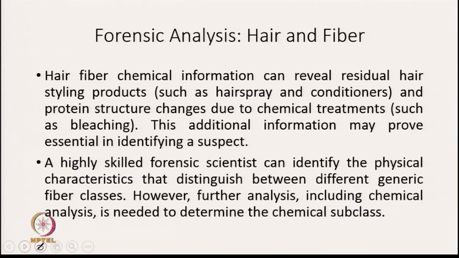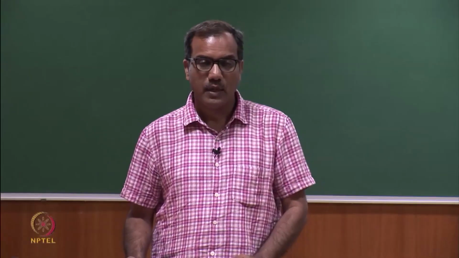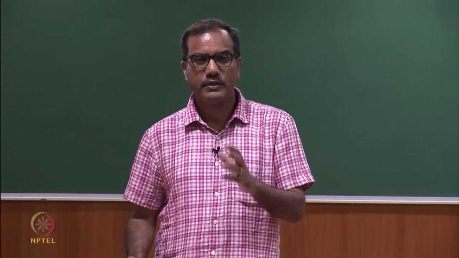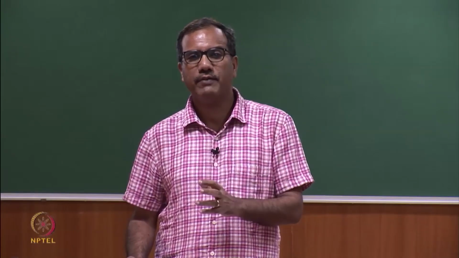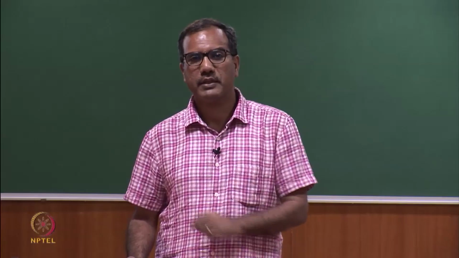A highly skilled forensic scientist can identify the physical characteristics that distinguish between different generic fiber classes. However, further analysis including chemical analysis is needed to determine the chemical subclass of the fiber. But by analysis of hair and fiber, you can identify a possible suspect.